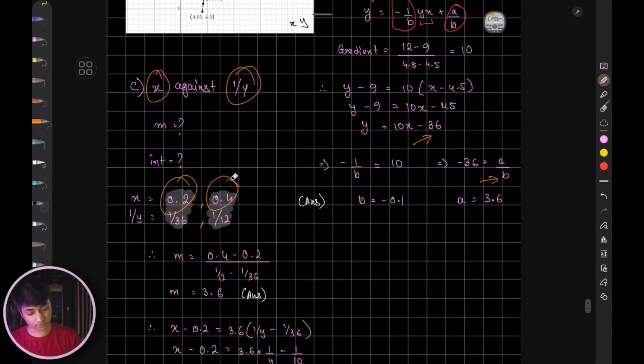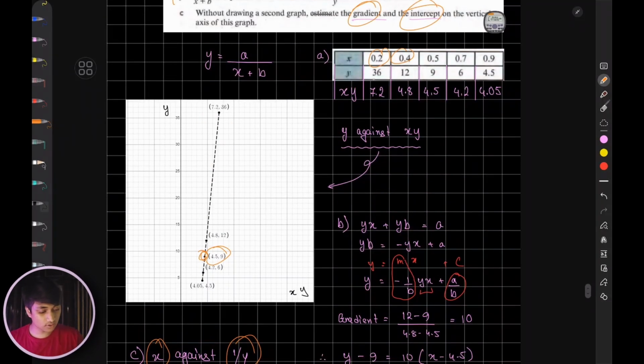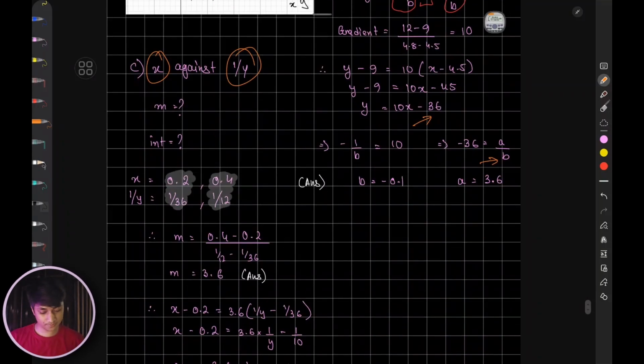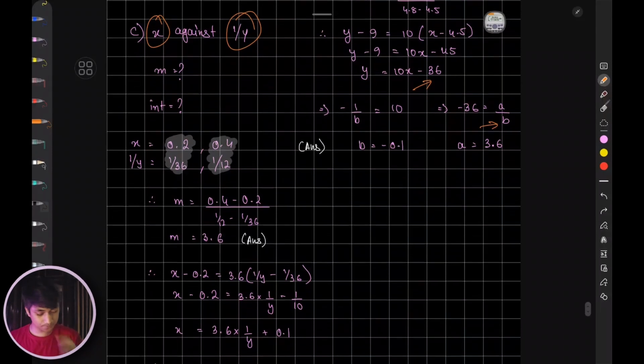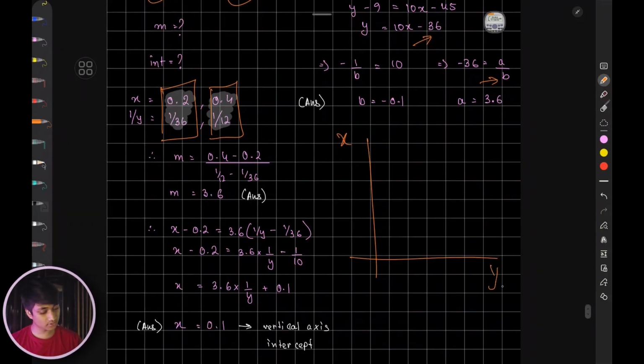And again, the 1 by y value is going to be the reciprocal of the y values. So it's going to be 1 by 36 and 1 by 12. So now you know two different coordinates. So this is going to be basically like this: x on the y-axis and 1 by y on the x-axis.